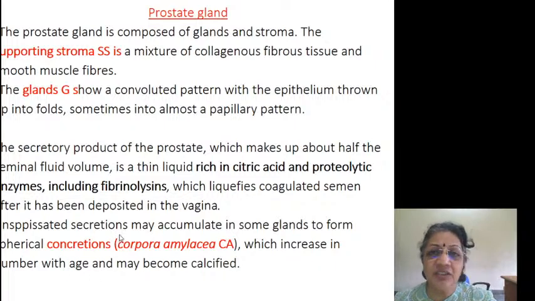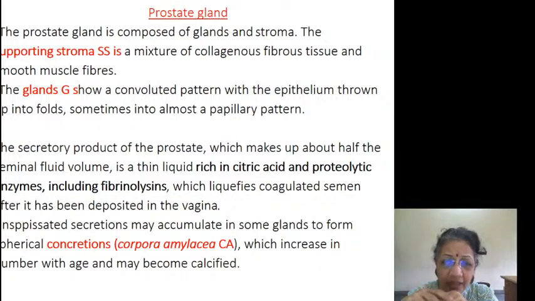Now the inspissated secretions: if the prostate has not been emptied in ejaculation over long periods of time, the secretions just sit there. They will only empty during the sexual act, not in between. So when you have retained fluid material with a lot of components in it, it can become concretized.